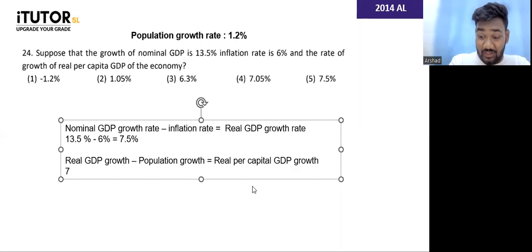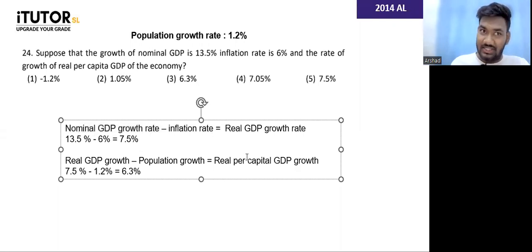So real GDP growth rate 7.5%, population growth rate 1.2%, then the real per capita GDP growth rate is 6.3%. Is that okay? Those are the equations.